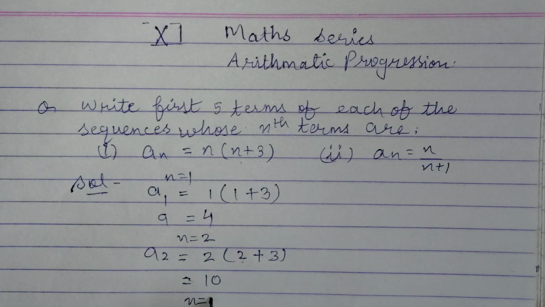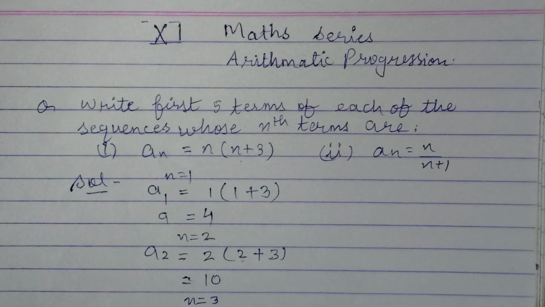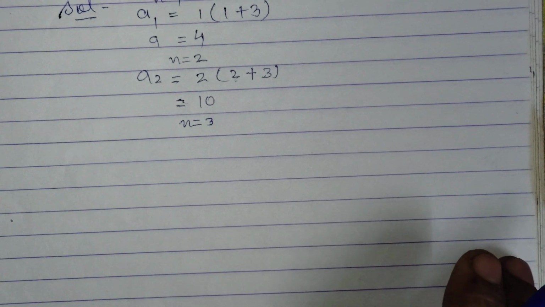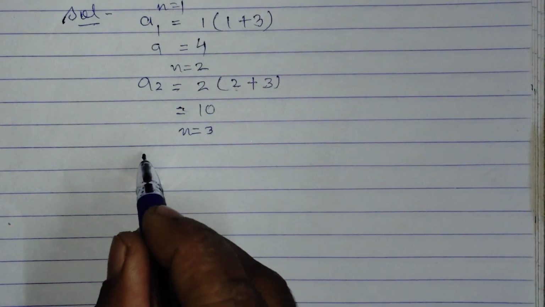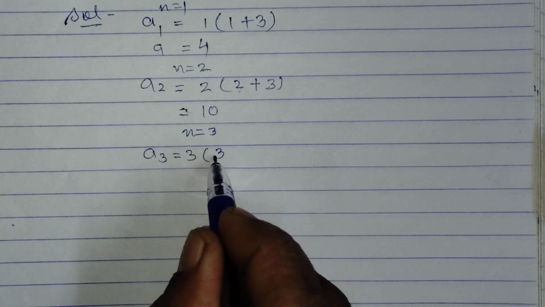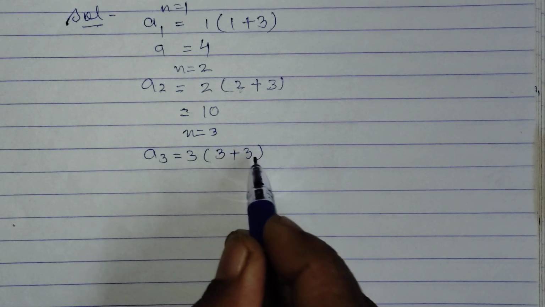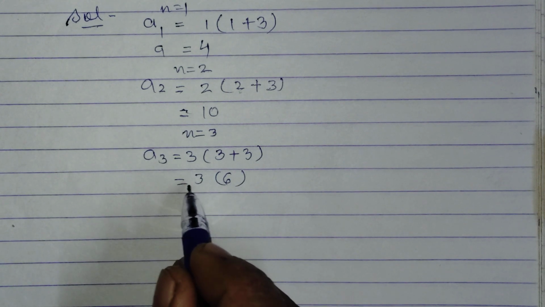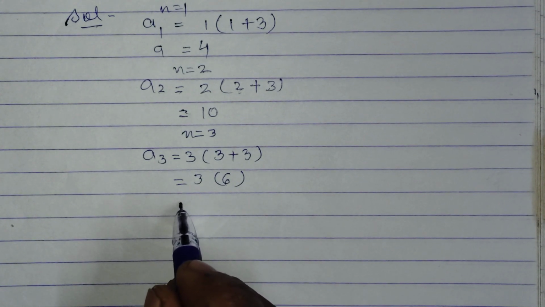Next replace n equal to 3, and we get a3. N is 3, so 3 plus 3 in the bracket is 6. So 6 into 3 gives us 18.